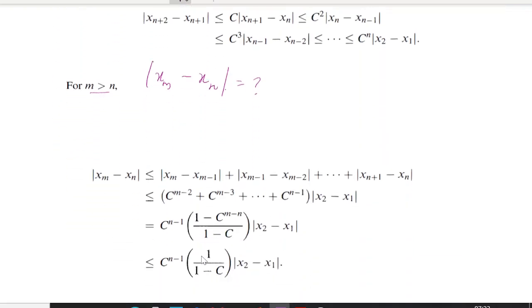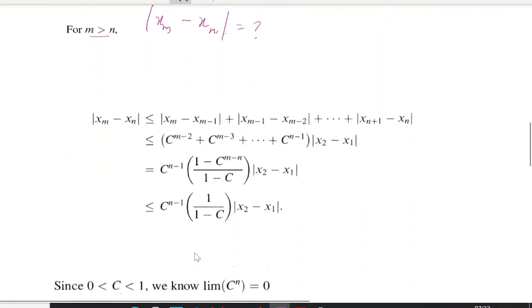See, I can write modulus of xn minus xm is less than or equal to modulus of xm minus xn.